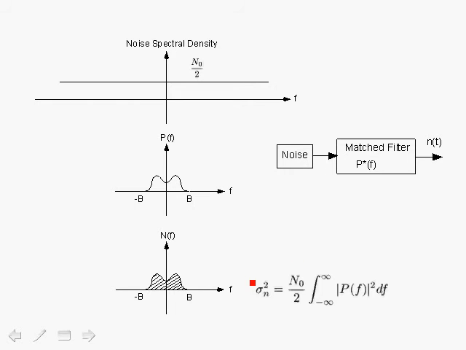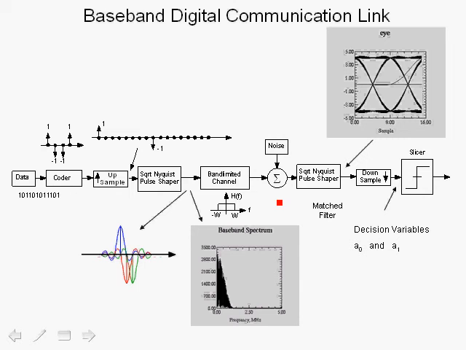It is important to be able to calculate the variance of the noise in order to compute the signal-to-noise ratio, because this is the noise that would be in the denominator in the computation of the signal-to-noise ratio at the decision point. Going back to our block diagram, we sample at the maximum eye opening, and when we have additive Gaussian noise, at the maximum opening we will have a signal-to-noise ratio between the signal power and the noise power at this sampling instant.